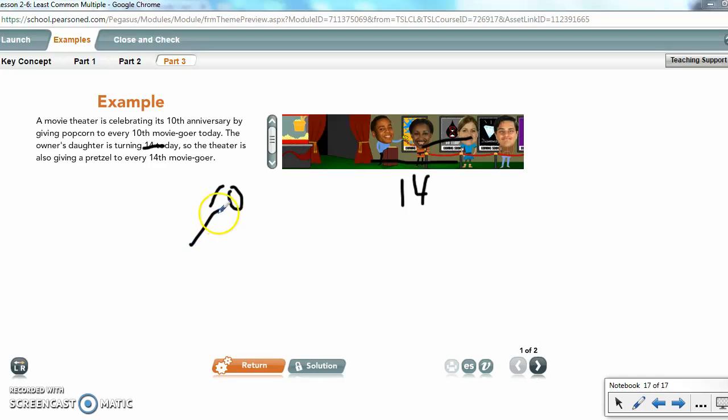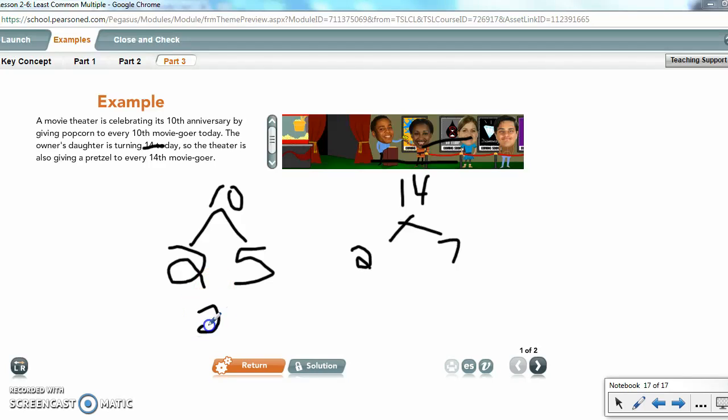So out of 10, I can get 2 and 5 because 2 times 5 is 10. What can come out of 14? 2 times 7 is 14. So now I need to represent one of each number using prime factorizations. Well, here I have 2 times 5. Here I have 2 times 7.